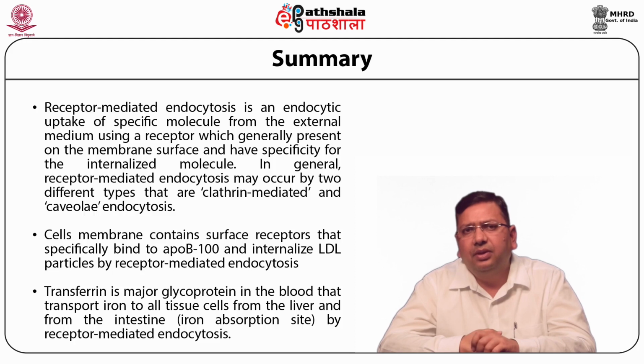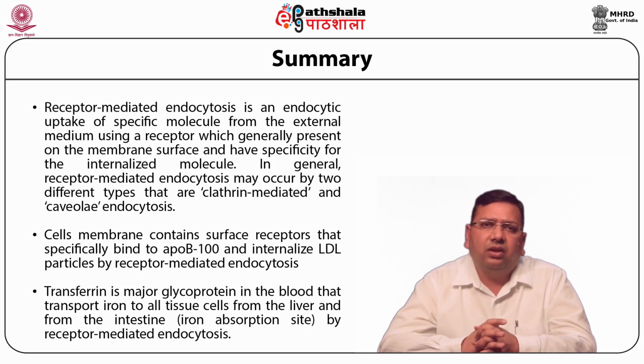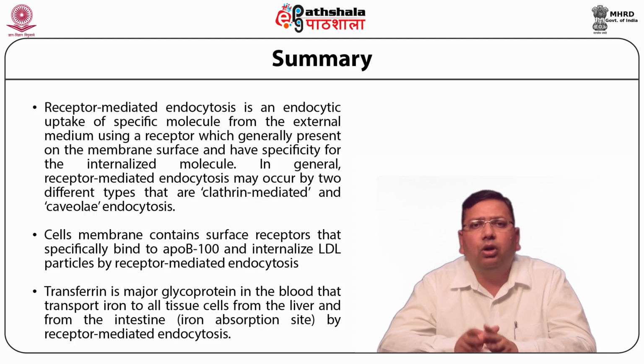In a similar way, iron can be internalized with the help of transferrin, which is a major glycoprotein in the blood that transports iron to all tissue cells from the liver and from the intestine by receptor-mediated endocytosis.